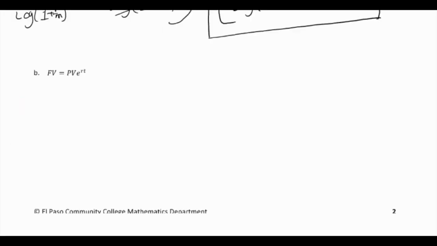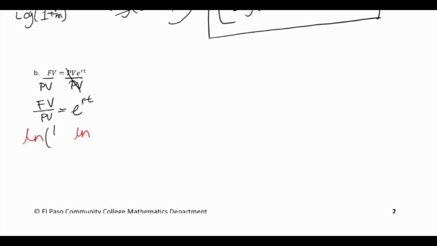Now for our last example, we have FV equals PV e to the rt. Anytime we see e, we're going to use a natural log. So first, let's isolate that. Divide both sides by PV. So this cancels. So I have FV over PV equals e to the rt. We take the natural log on both sides.